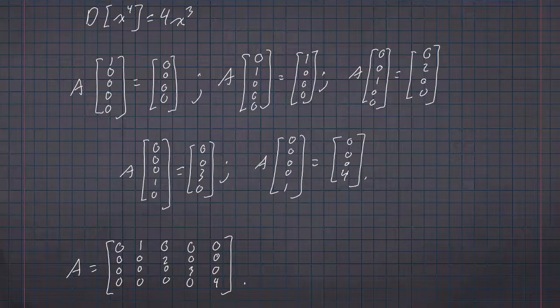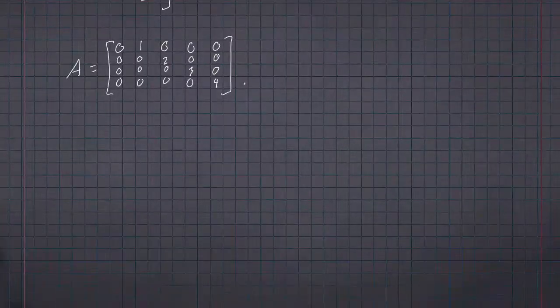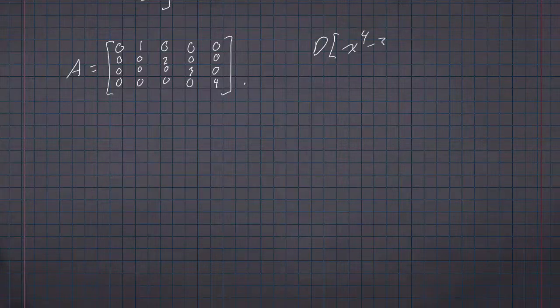And so, once again, fairly innocuous here, because if I wanted to take the derivative of a polynomial, say x to the fourth minus 3x plus 2, I would just differentiate. Get 4x cubed minus 3.